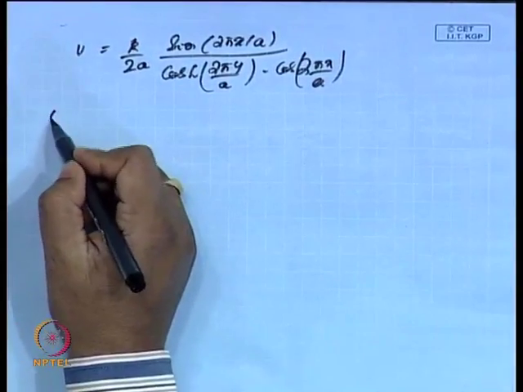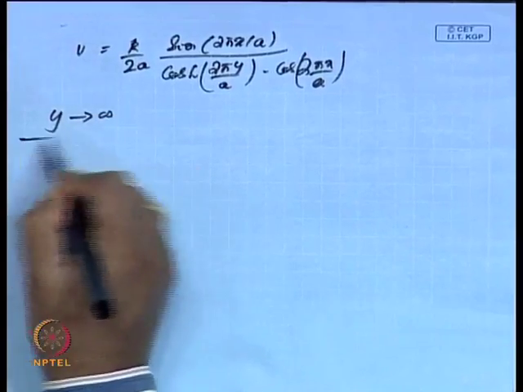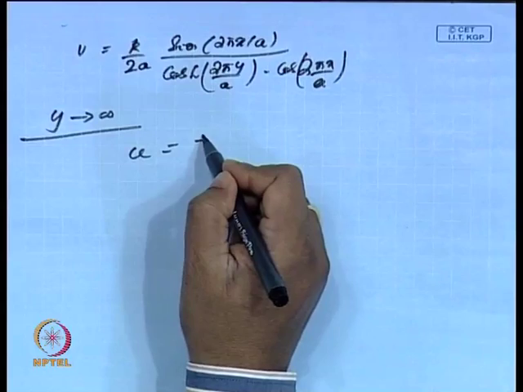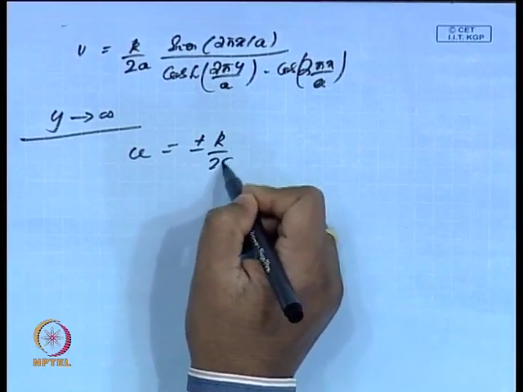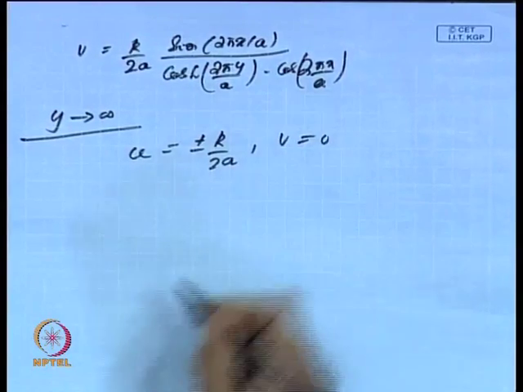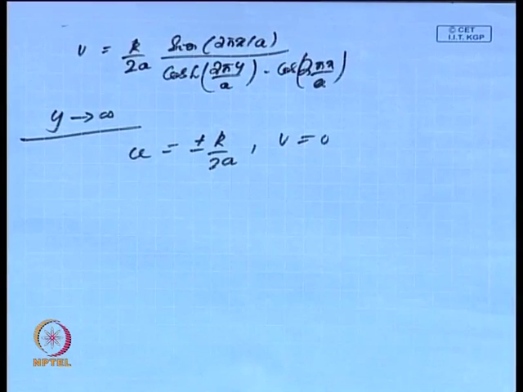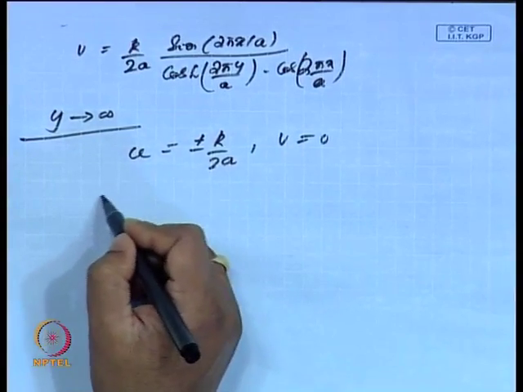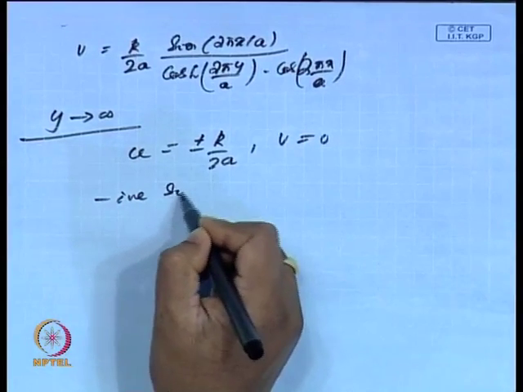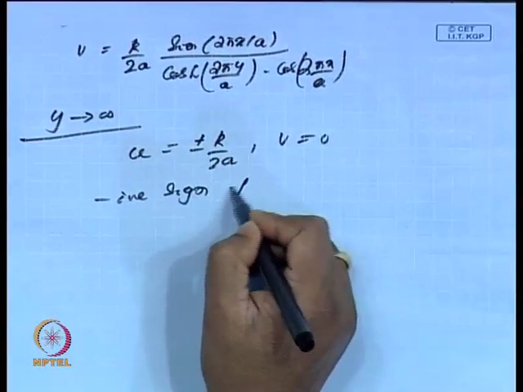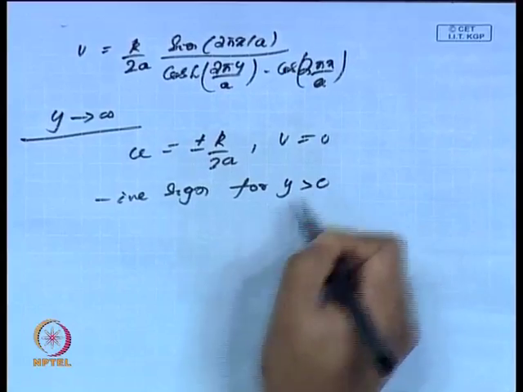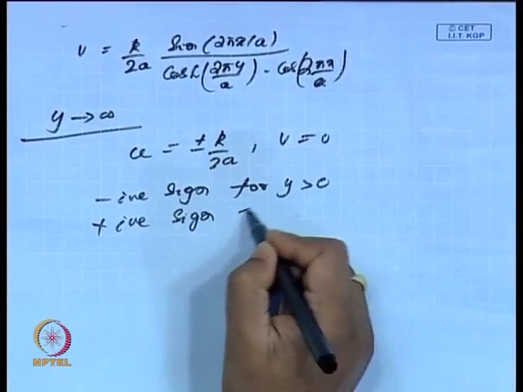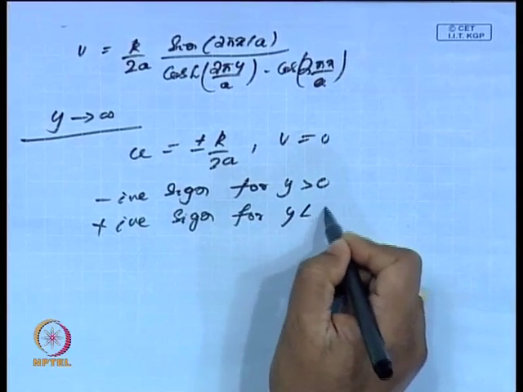And again if I say as y tends to infinity, my u will be plus minus k by 2a, where my v will be 0, and it can be easily seen that the negative sign will occur in the u for y greater than 0 and positive sign for y less than 0.